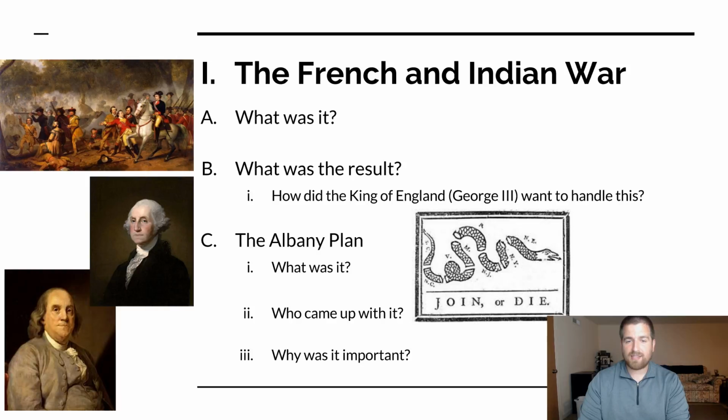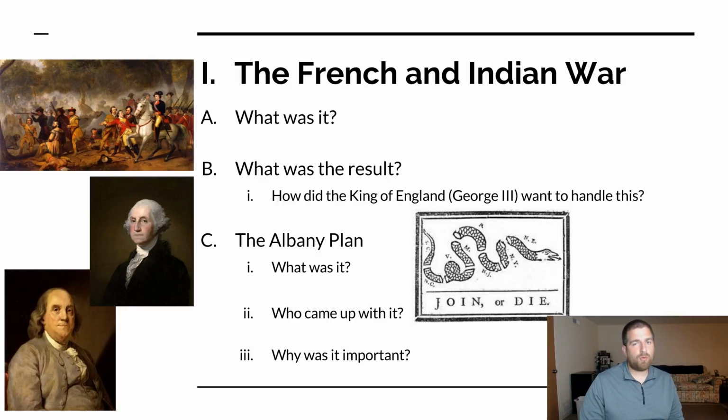Now, before we move forward to what those taxes looked like and what the response was, it's worth mentioning one more thing from the French and Indian War, and that's something known as the Albany Plan. Now, the Albany Plan is a plan to unite all 13 colonies against France that would be led by a group of representatives from all 13 colonies.